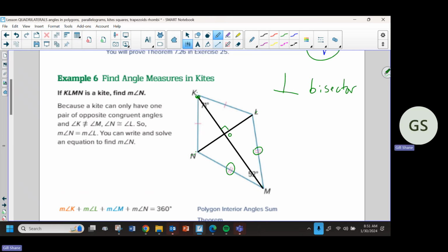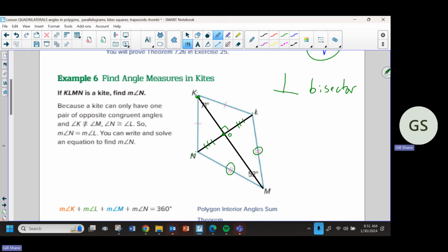Do you think that's congruent to something? That looks pretty long to me. What about that point right there? Is it on the perpendicular bisector? Is it on KM? It is, right? Every point on KM is the same distance.